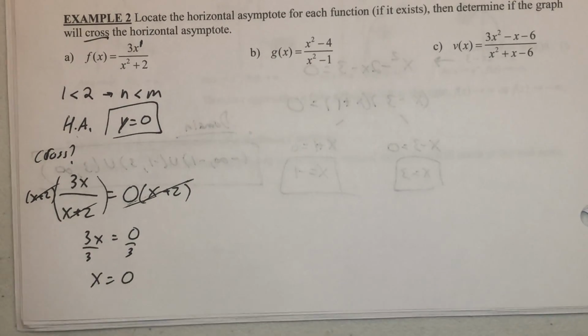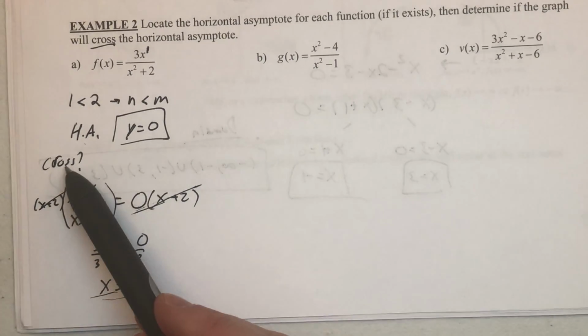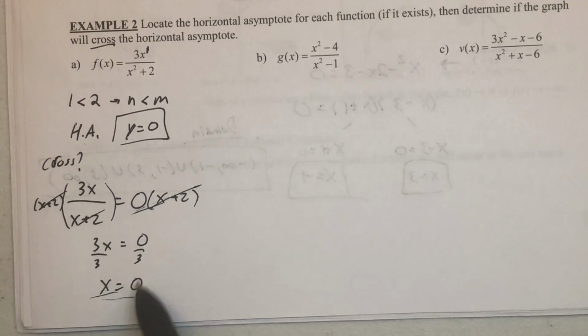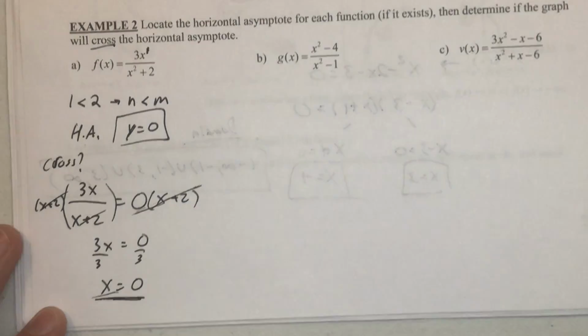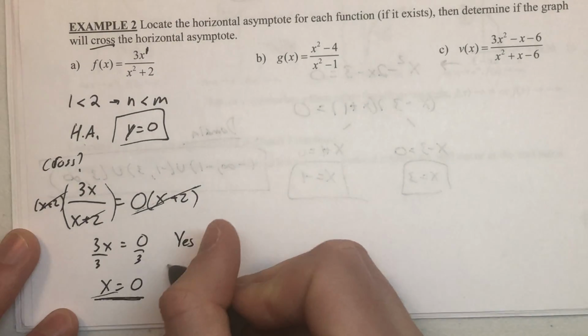And we get x equals 0. Now what this means is two things. First of all, we asked the question, does it cross, by setting this equation up. And we were able to solve it. We were able to find an x value. So the answer to the question of does it cross is yes, it does cross.